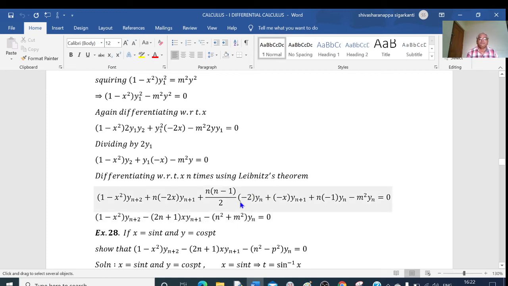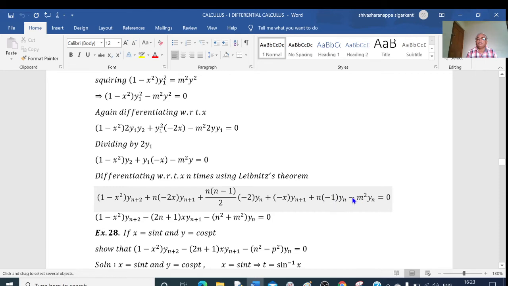And yn terms, here 2 gets cancelled. This is minus and here also I have minus, here also I have minus. So if I take minus sign common factor, minus yn common factor, what remains is n square minus n plus n minus m square.